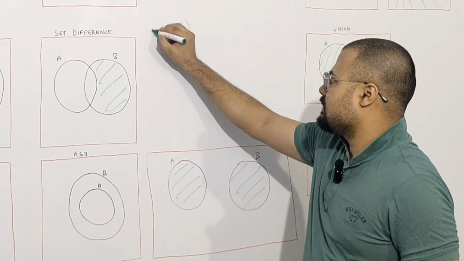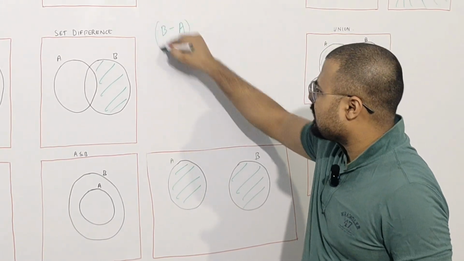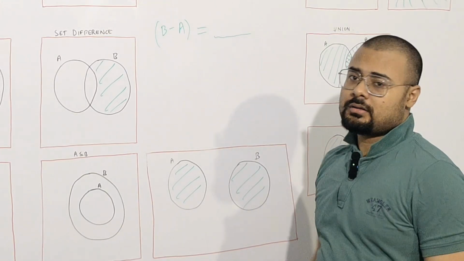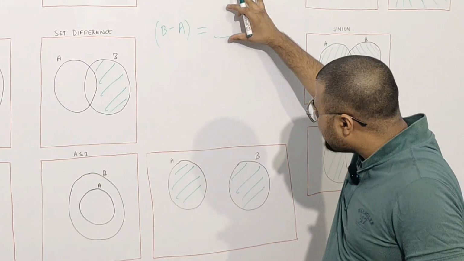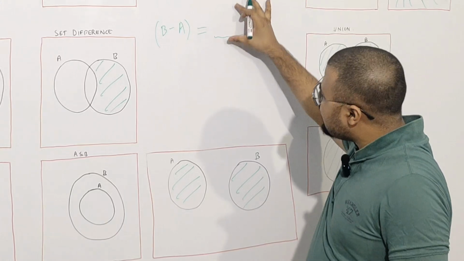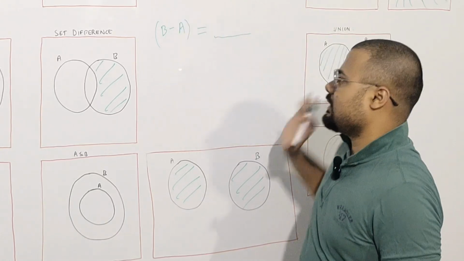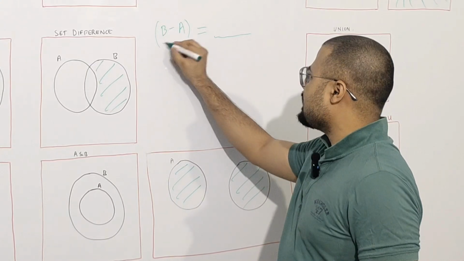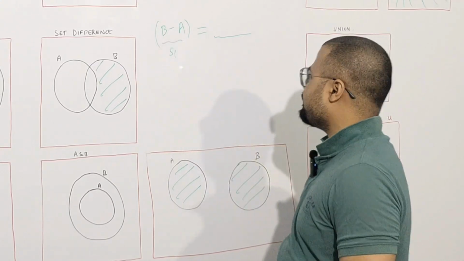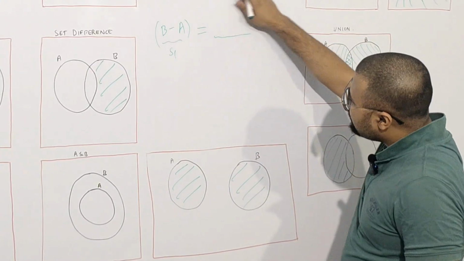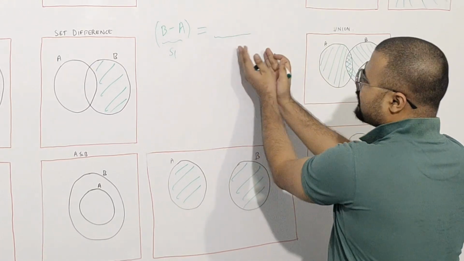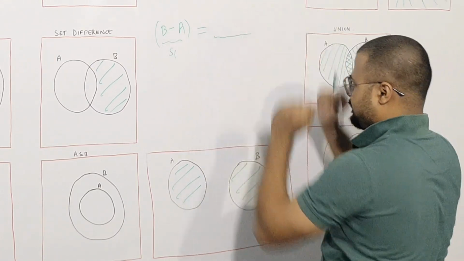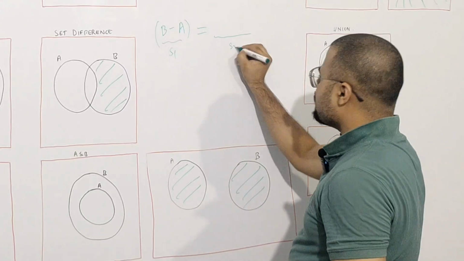This is one set. So if I write equal to and write something here, then this has to be a set that is equal to this set. Means on both sides, if I write B minus A as S1, set 1, then I may have different expressions of set operations, but ultimately it will evaluate to one set, and let that set be S2.